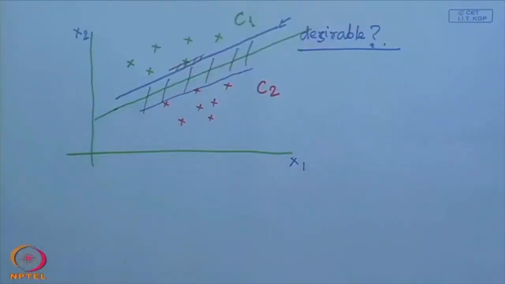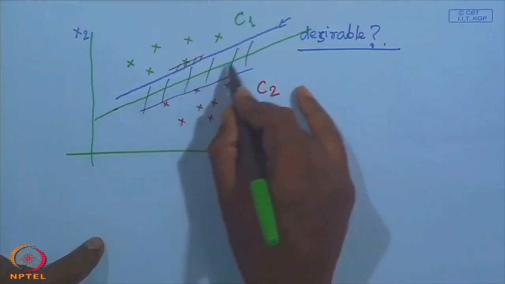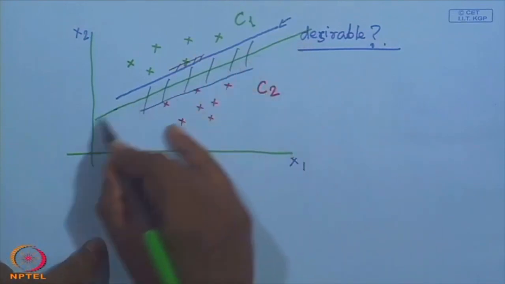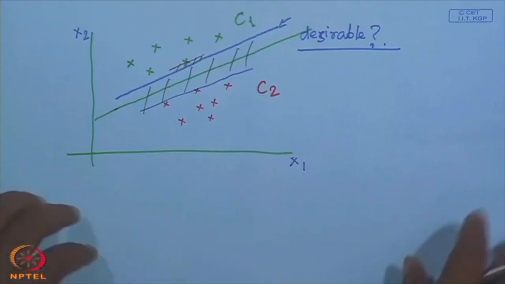And the support vector machine actually tries to find a classifier which will be positioned in a form something like this. So now let us see how such a support vector machine can actually be designed.